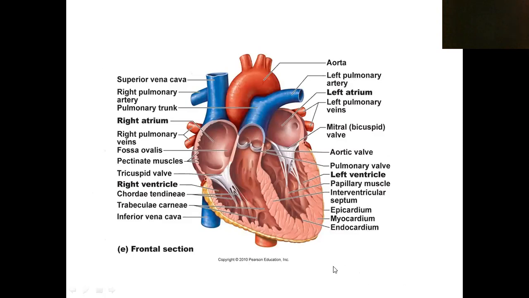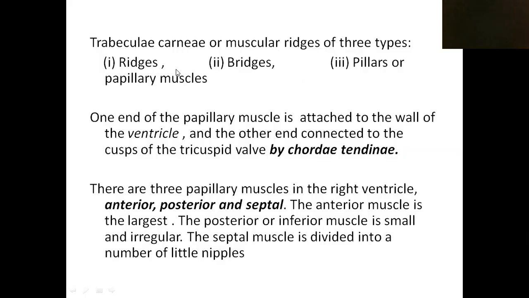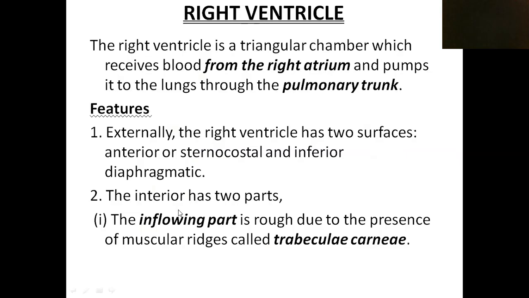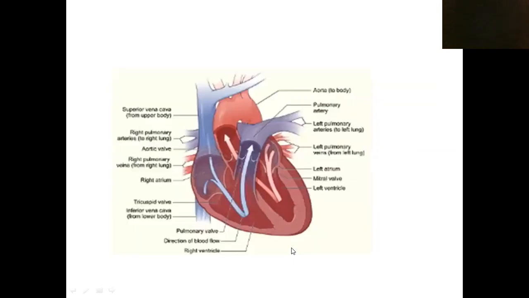See like this, see the cursor, we can see a pillar. Septal means we can see numerous small projections. See the cursor, small projections are there. Okay, so those are the details of the trabeculae carneae.